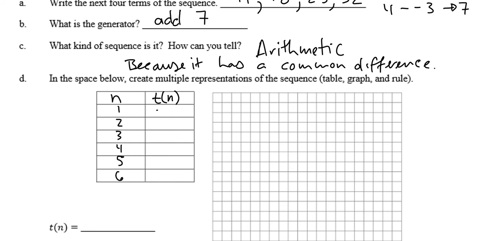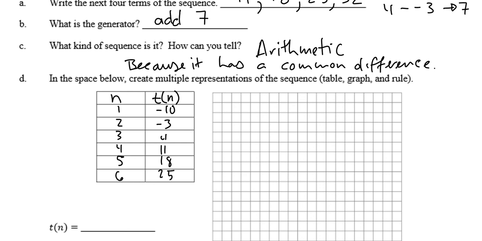The first term was -10. The second term was -3, then 4, 11, 18, and the last one there is 25. So one of the big ideas with arithmetic and geometric sequences both is that we restrict our domain to just the natural numbers.